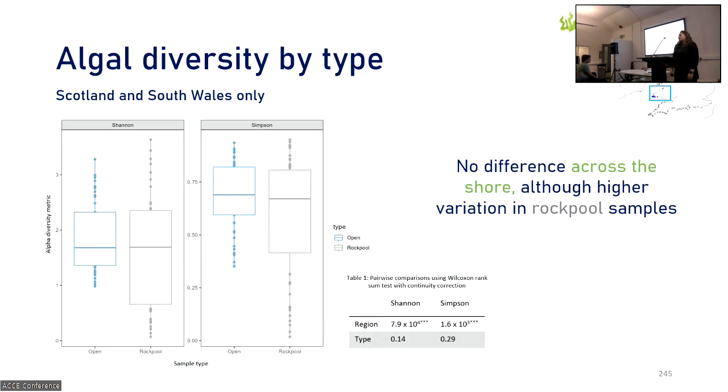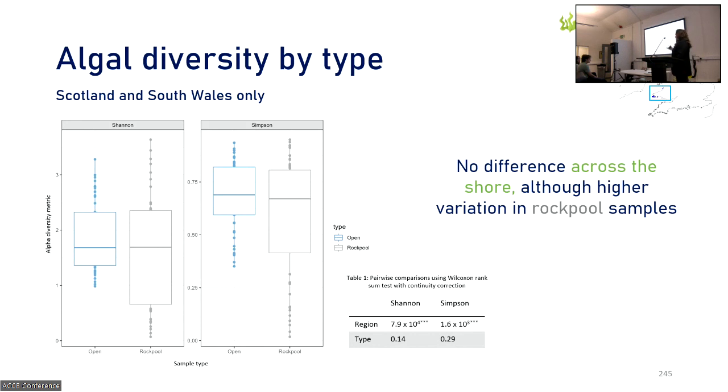However, when we do look at the diversity differences between sample types, so I've grouped together the rock pools and compared the open water samples with the rock pool samples, we're not seeing much of a difference in diversity detected. However, what we do see is that the rock pool samples have a lot more variation, which makes sense because you can get a rock pool that's pretty barren and doesn't have many creatures hiding in its holes, and then you can get another rock pool that is super diverse.